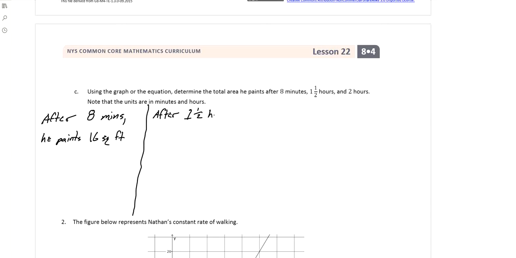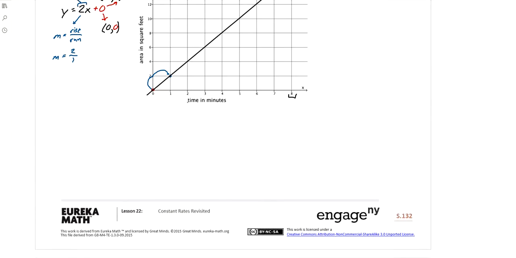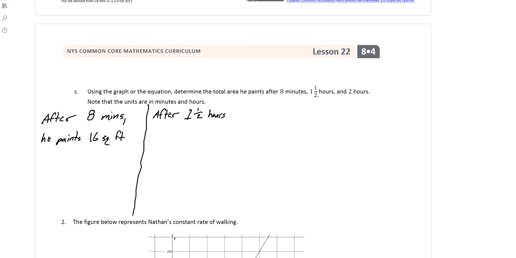All right, let's talk about after 1.5 hours. So after 1.5 hours, here's the tricky part: remember our graph is time measured in minutes. So when they give us hours, that doesn't work using our graph because we're measuring in minutes. We don't have that unit. So we have to take hours and convert it to minutes.